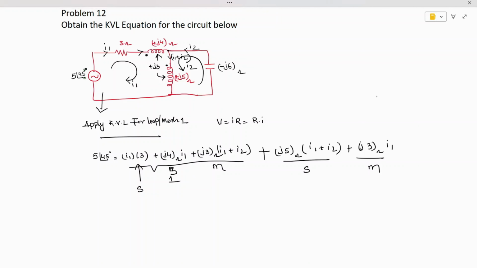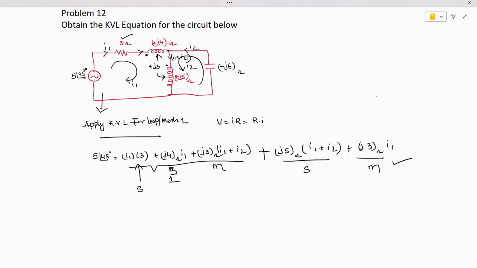Very simple. First the resistance, and for the inductance we write J4 with the current of I1, but it has a mutual inductance value of J3 linked with I1 and I2. So with this self and mutual, that part is completed. Coming to this coil, it has a self-inductance of J5 with I1 plus I2, and a mutual inductance of J3 multiplied with the current I1.